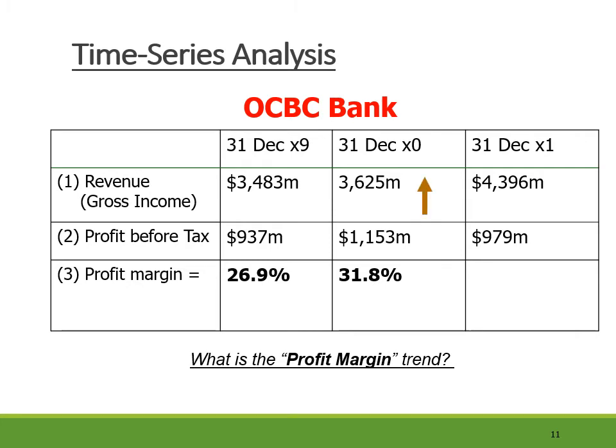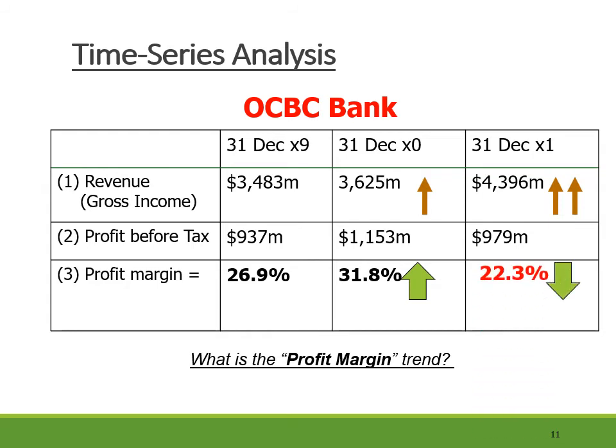You can see, comparing X9 and X0, the revenue has increased. And in X1, the revenue has increased further from 3.6 billion to 4.3 billion. And the gross profit margin has increased from 26.9% to 31.8%. This is a good trend.